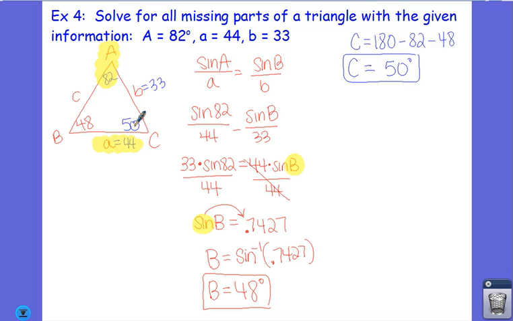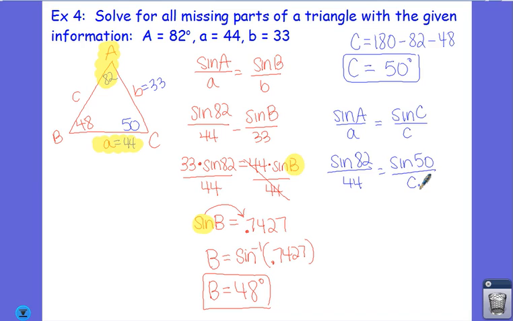So we're going to keep the first part of the law of sines, sine of A over a, but we're going to switch to the c parts. So now we're back to like examples 1, 2, and 3. So the sine of A is 82, divided by little a is 44, equals the sine of big C is 50, over little c, we don't know.